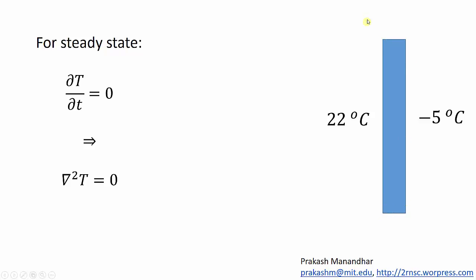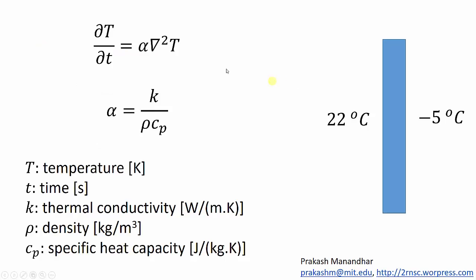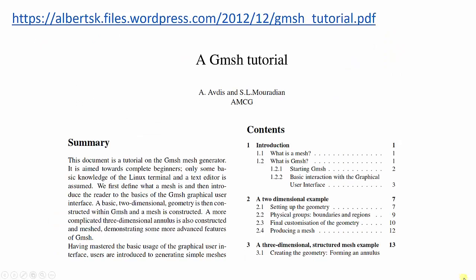To simplify, we will just assume that these are insulators, which means that there's no heat flux. And if you go back to the fundamentals, which I won't cover here, that will mean that the second derivative of temperature is 0 at these boundaries also.